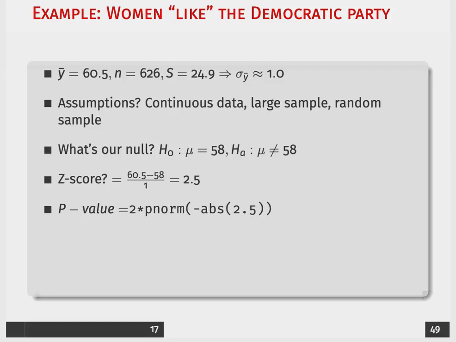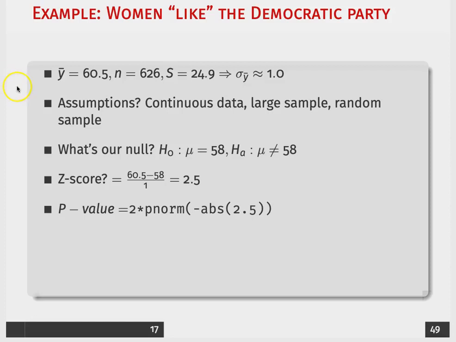So I typically encourage you to use R. Since it's a large sample, you can reference the normal distribution. Remember, this is a two-sided test, so we're multiplying this by 2. It doesn't matter if it's in the top or the bottom tail; the test statistic doesn't have to be positive or negative, so I just take the absolute value there.